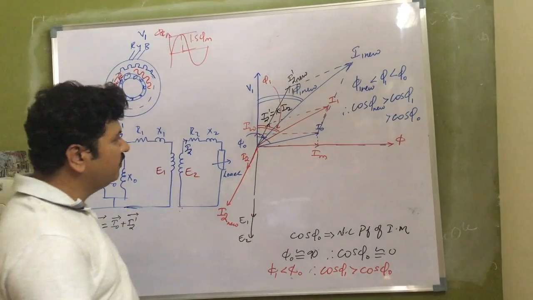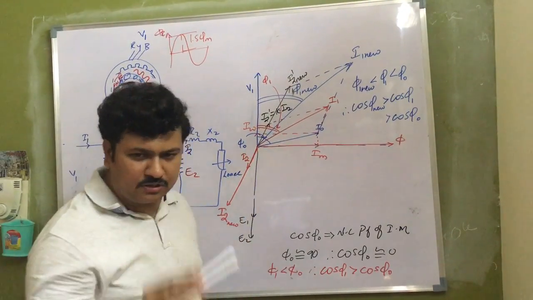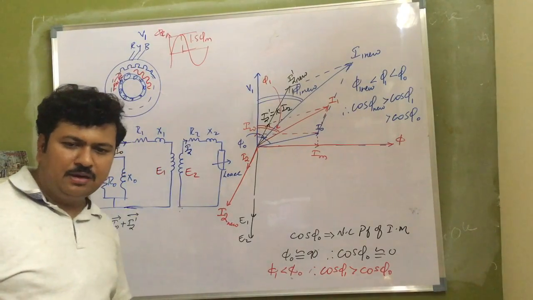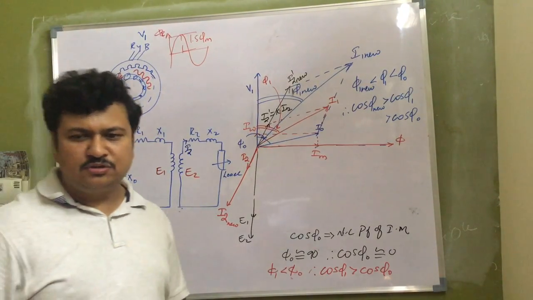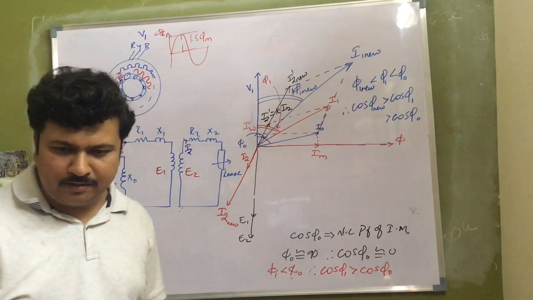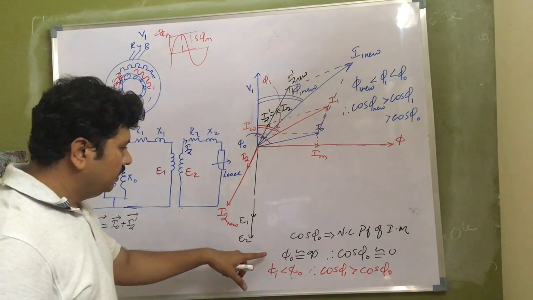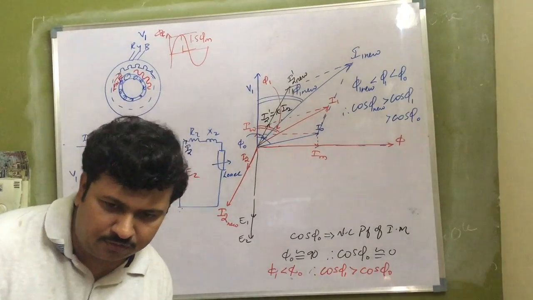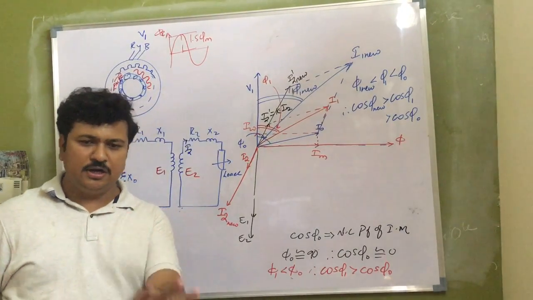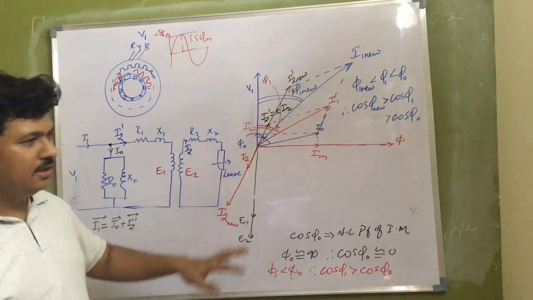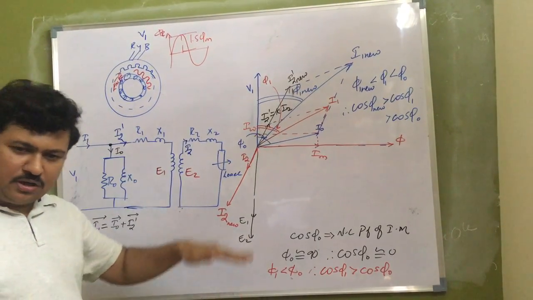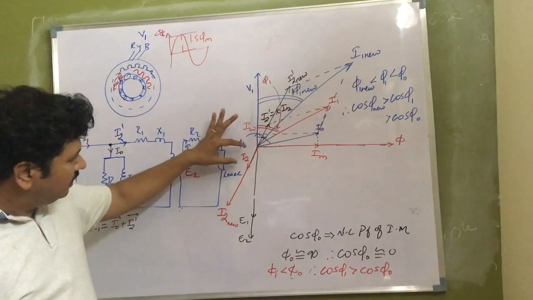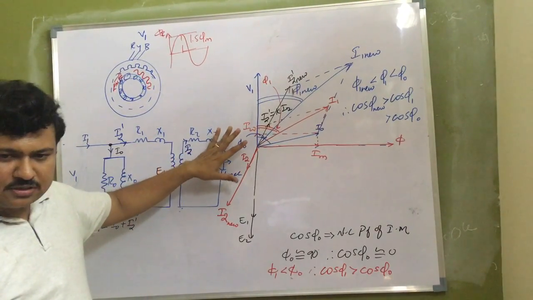So initially the power factor was very near to 0 because the lagging angle between the no load current and the supply voltage was nearly 90 degrees, which yielded a power factor nearly 0. Therefore, one of the wattmeters showed a negative reading. Second case, as the load goes on increasing, my secondary current goes on increasing.